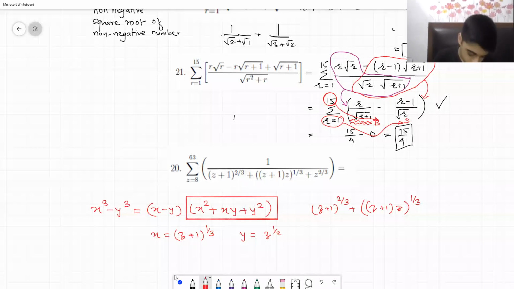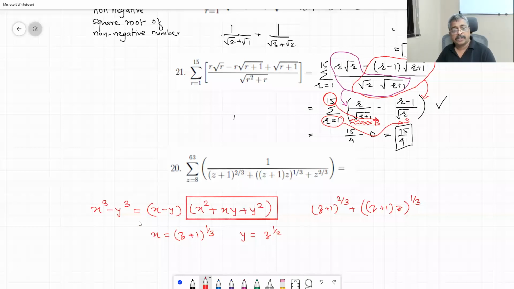Okay. So consider x cube minus y cube factorization. It is x minus y into x square plus xy plus y square. Now we denote x is equal to z plus 1 raised to 1 by 3 and y is equal to z raised to 1 by 3.